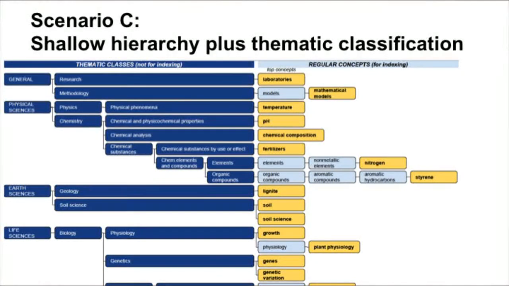For example, under general, we have research and methodology; physical sciences, we have physics and chemistry; earth sciences, geology and soil science, that sort of thing. So, in effect, the concept scheme would not have a small number of top concepts, but would have this thematic classification.